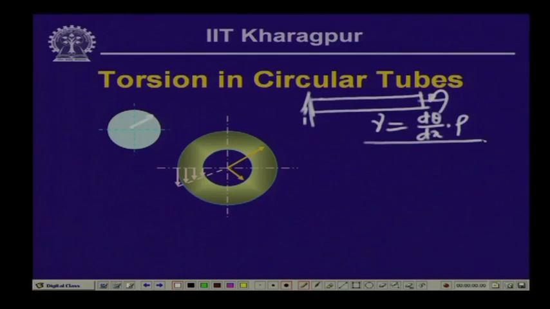This is the expression which we had looked into for the solid shaft, and gamma is the shearing strain at any point at a radius rho, and d theta dx we have termed as the rotation per unit length. Now, this expression which we derived for the solid circular section is equally applicable for this hollow tubular section as well.